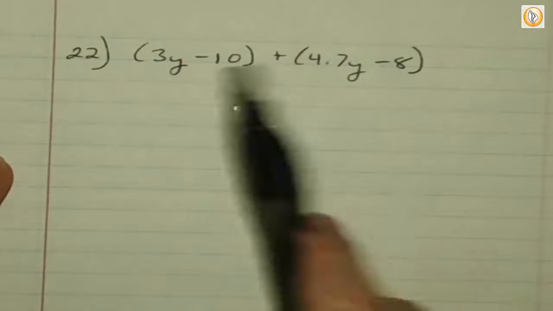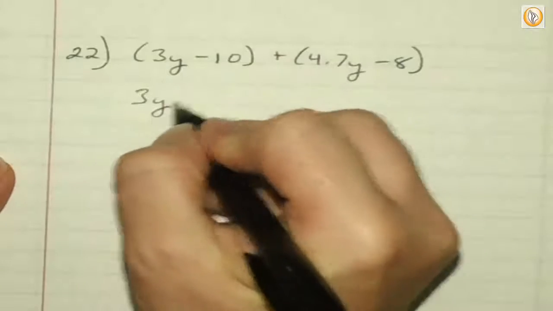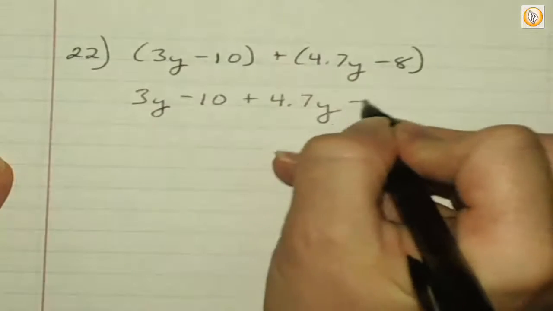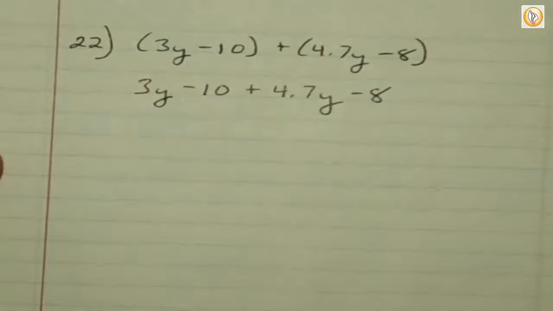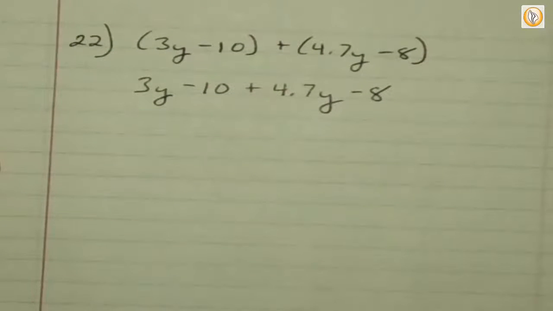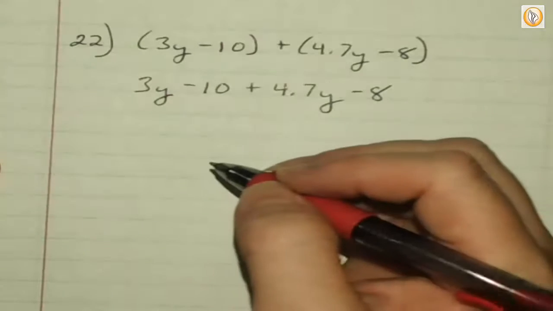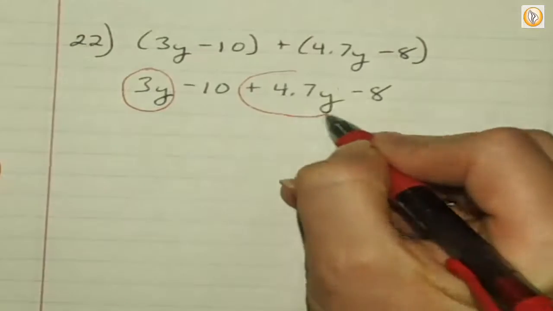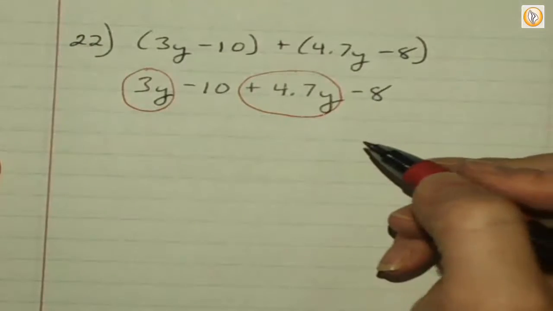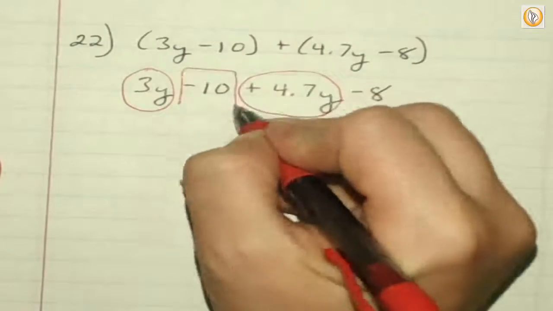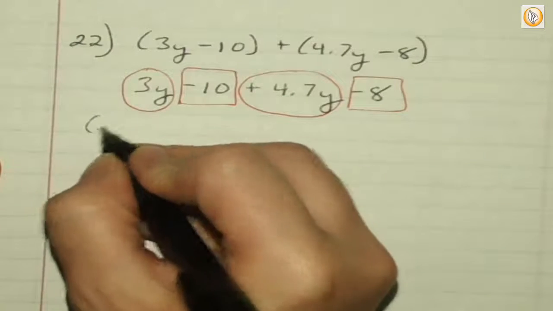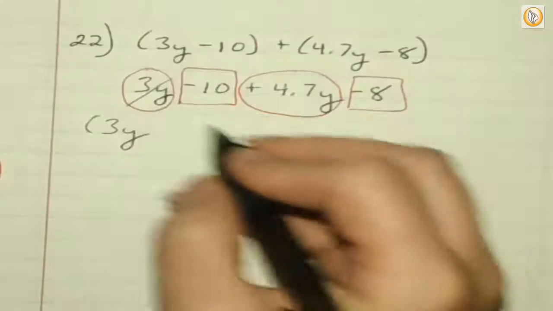All right, so we can't combine, so I'm rewriting it without the parentheses. Gabby, what are my like terms? All right. So I'm combining my like terms.